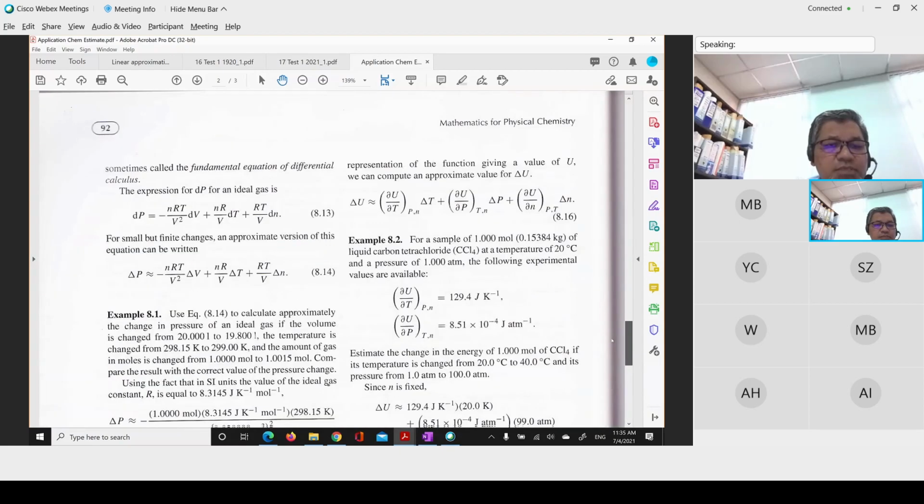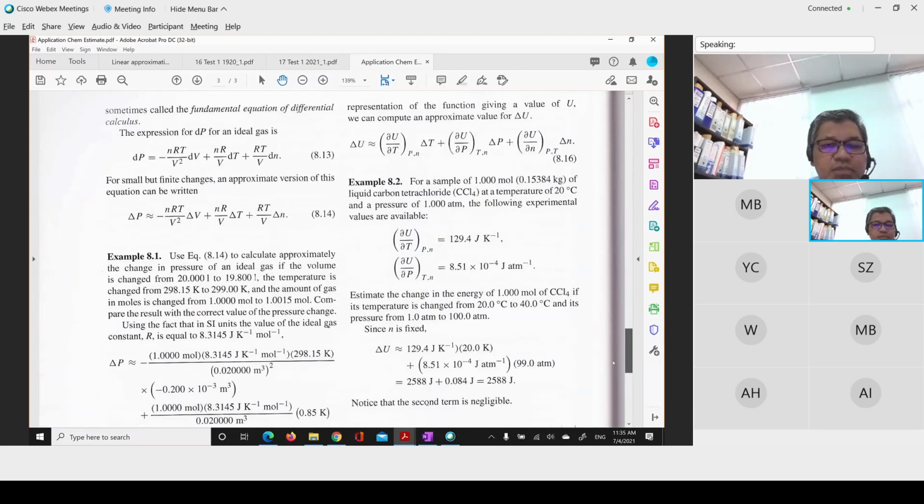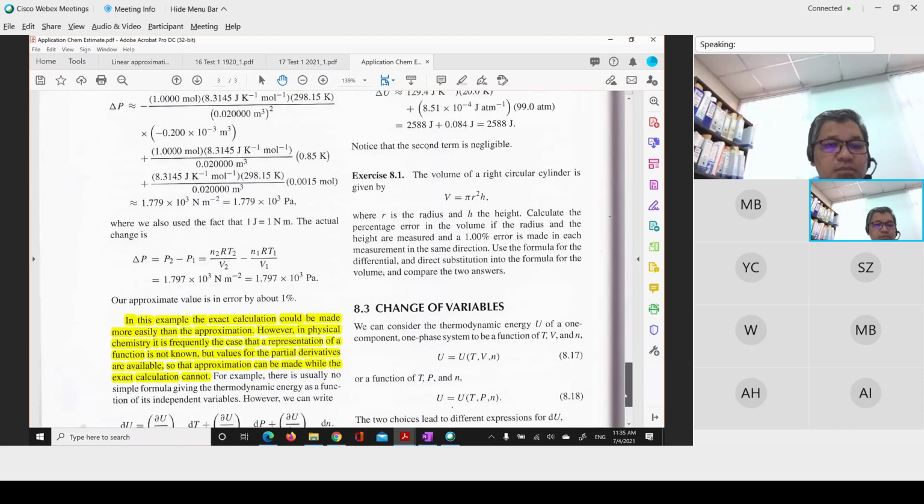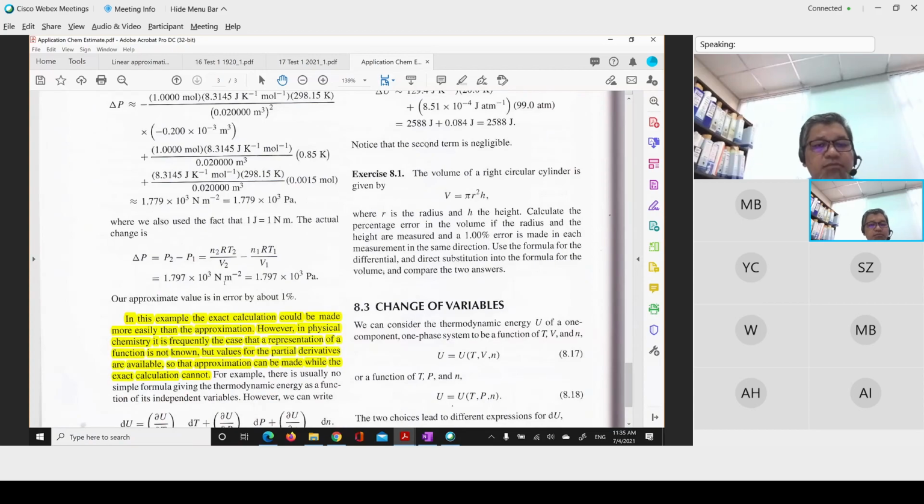Then one example is shown here. It says here that one calculation is for the approximation, and the other is from the exact formula.